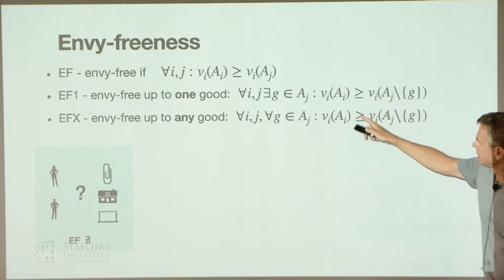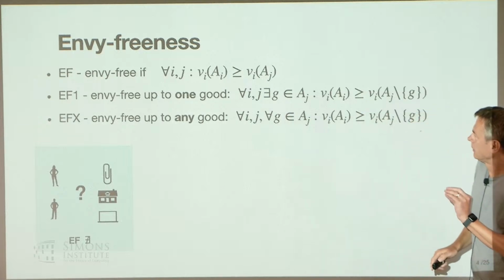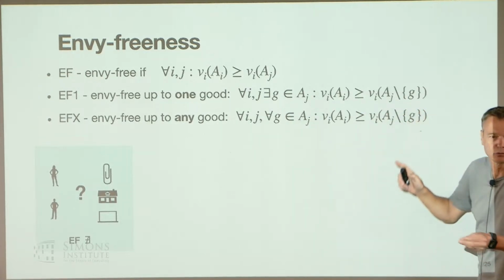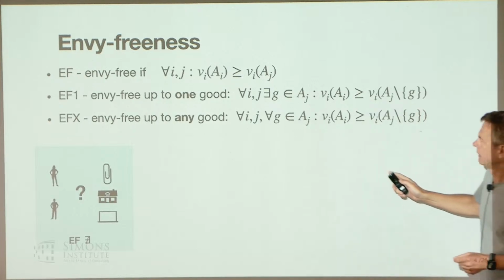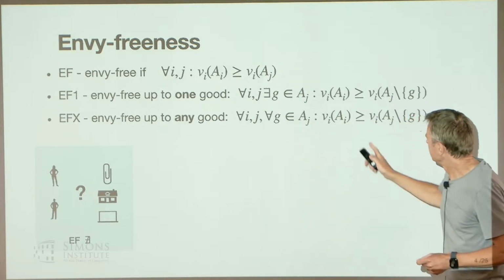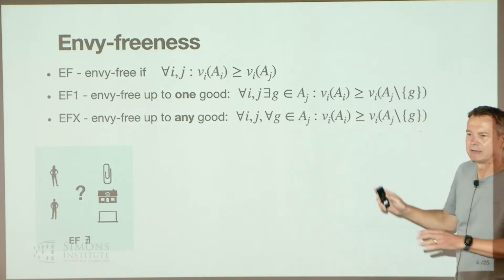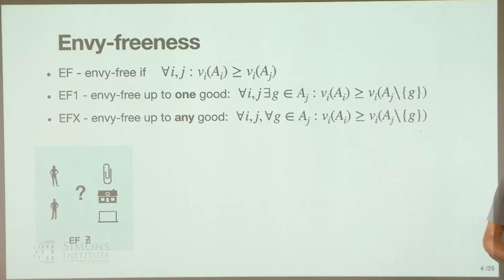But the difference is that for EF1, we can remove just a particular good from this allocation, let's say the most valuable good, whereas for EFX, this must hold for any good. So even if we remove the least valuable good, the envy should disappear.